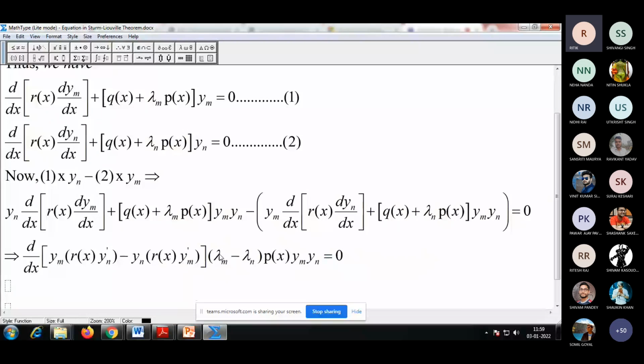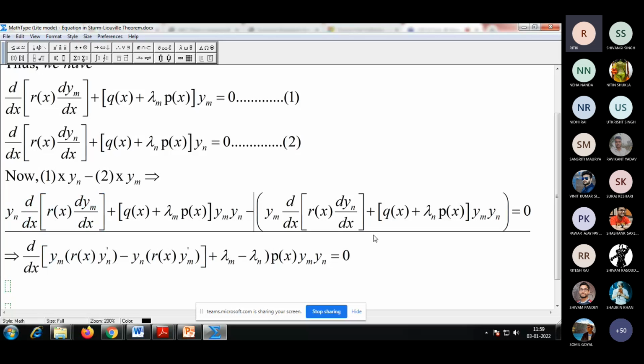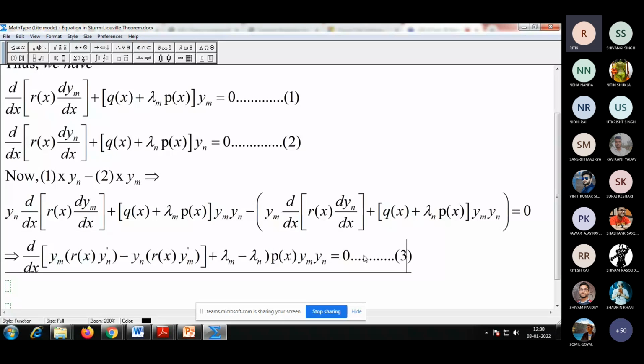We check and confirm it. Then if you differentiate it, you will get these two terms from here. We may assume this equation as number 3.